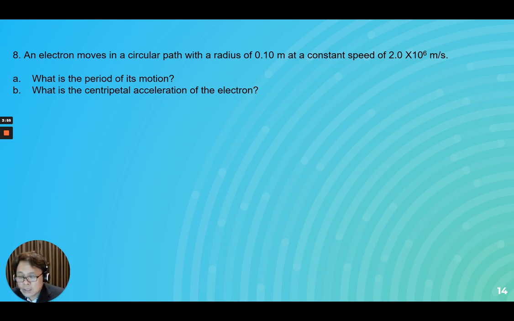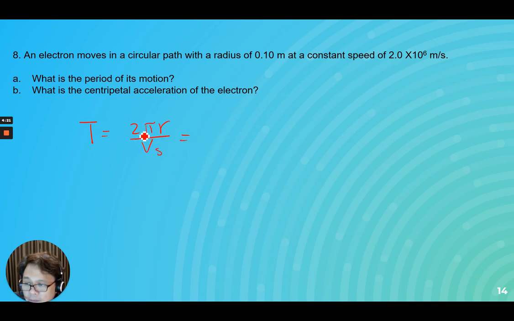Okay, so to get the period, we have the formula before. For the period, we have T is equal to 2 pi r over V sub s.